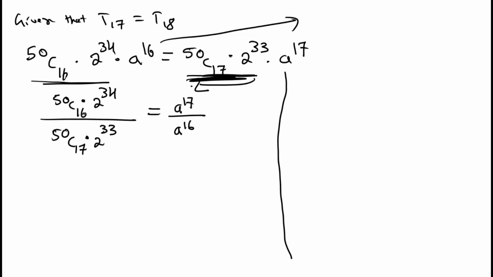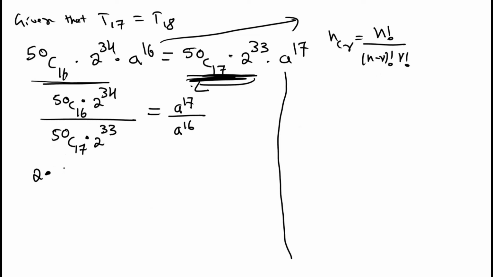That time we'll get 50C16 into 2 to the power 34 by 50C17 into 2 to the power 33, whole term equal to a to the power 17 by a to the power 16. Now see, 2 to the power 34 by 2 to the power 33, numerator 1, 2 is remaining into 50C16. Apply nCr formula. We know nCr equal to n factorial divided by n minus r factorial into r factorial. Apply the formula.